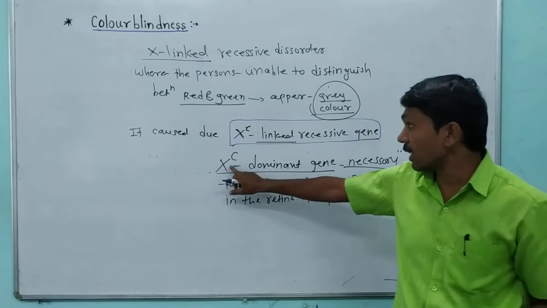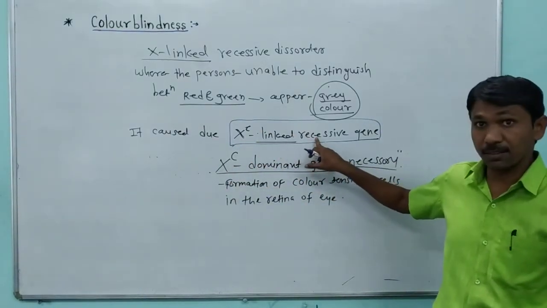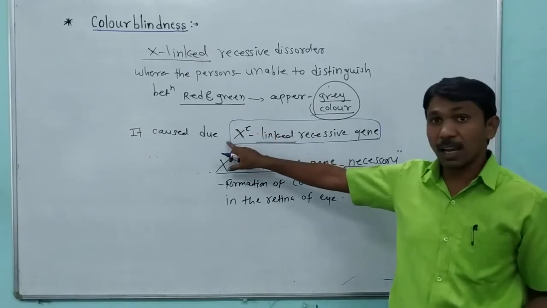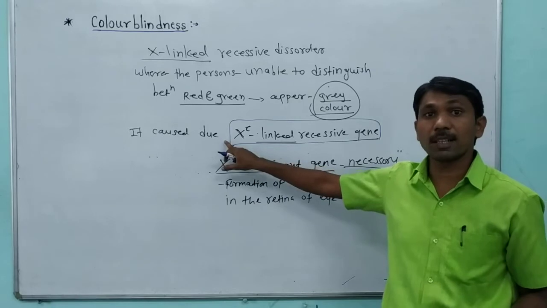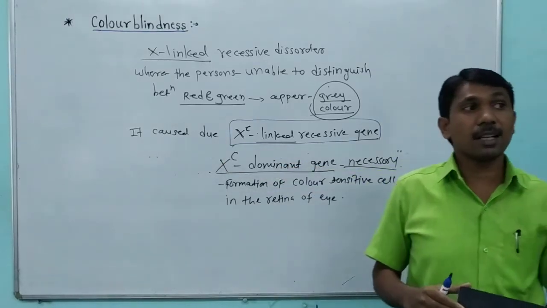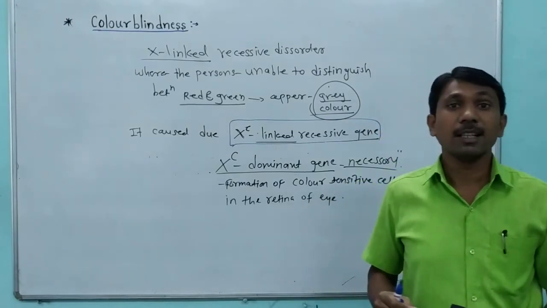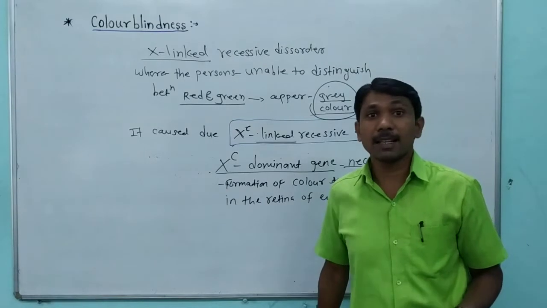These genes are the dominant genes, and these genes are the recessive genes which prevent the formation of color sensitive cells in the retina of the eye, and that's why persons are unable to distinguish between red and green color. Okay, that is called color blindness.